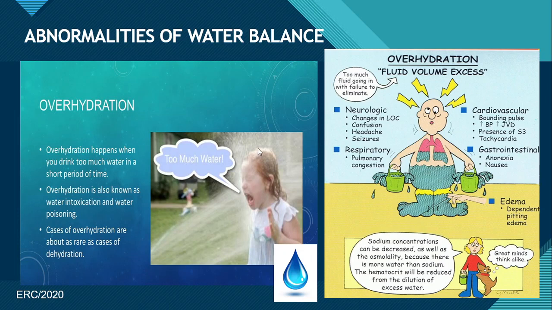For the respiratory manifestation, we have pulmonary congestion, or magtutubig yung baga. For the cardiovascular, we have bounding pulse, increase in BP, presence of S3, tachycardia. For the gastrointestinal, we have anorexia and nausea, and the patient may experience edema or dependent pitting edema.